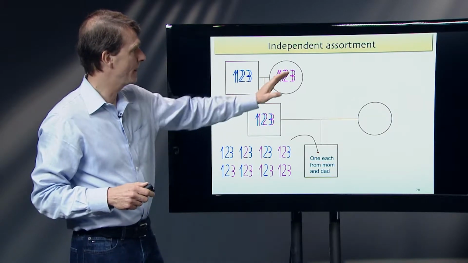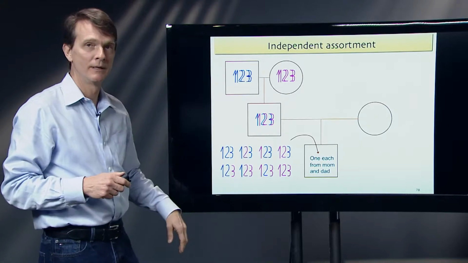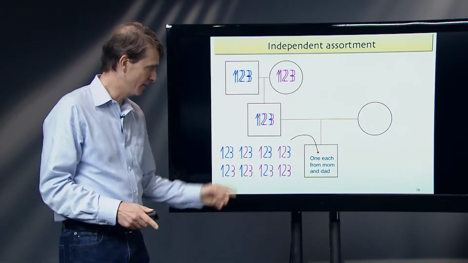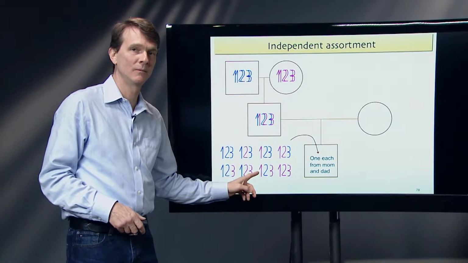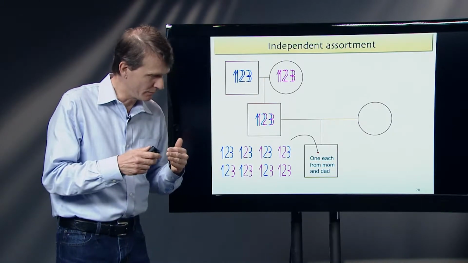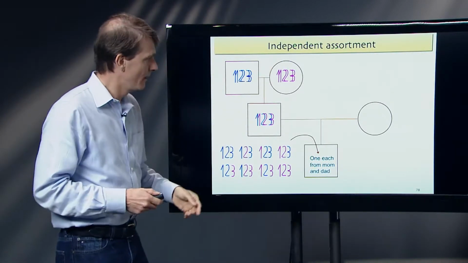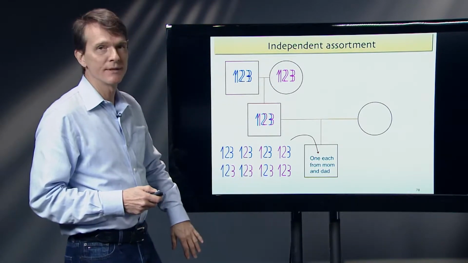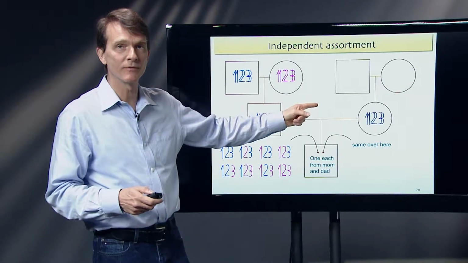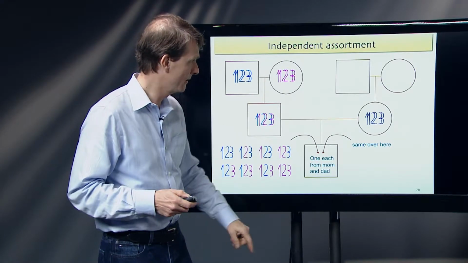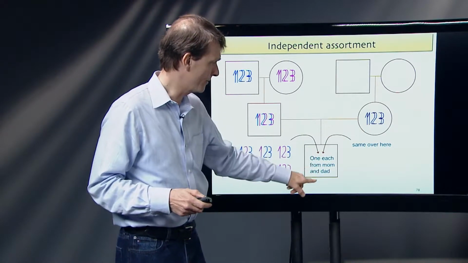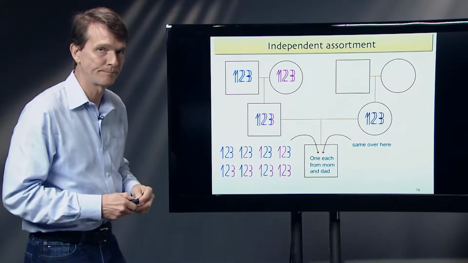Pick one from dad, pick one from mom, put them together. It gets interesting in the generation after that, when it's not just about looking at your mom and your dad, but when it's about looking at your grandparents. And of course, that's what happens on this side, and exactly the same thing happens over there on that side of the family. Okay, so same picking occurs, and mom contributes the genome.